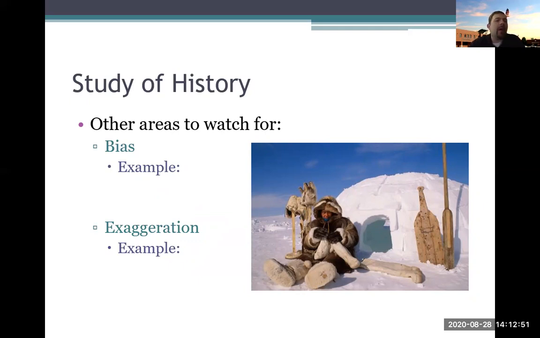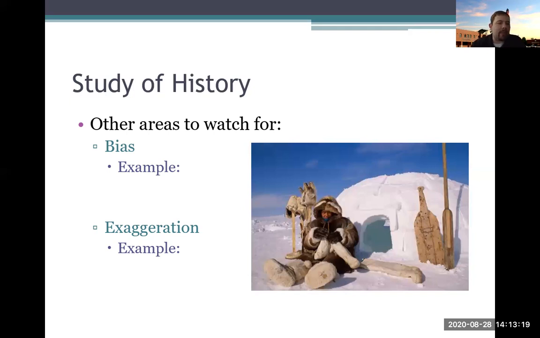So we all have biases, and some people try to hide them more than others. Some people are influenced more by them than others. But we have biases, we have preferences. And when we're looking at historical documents, it's important for us to remember the person who wrote that document also has a bias. So whether it's a primary source or a secondary source, they can both show bias.